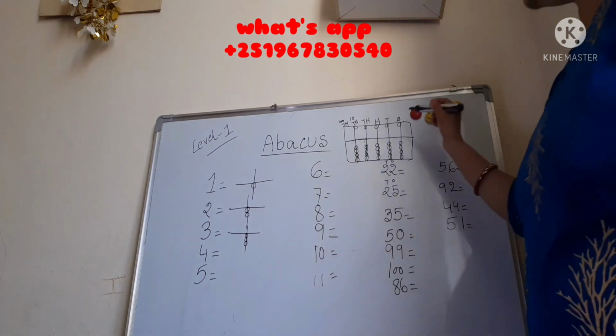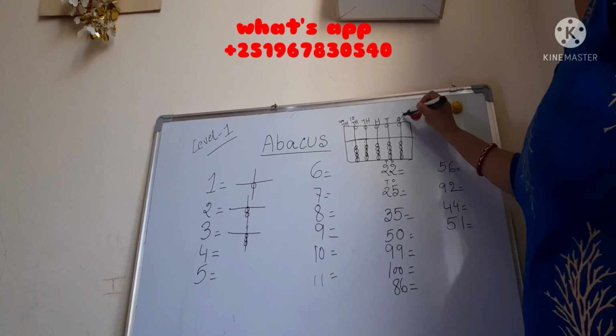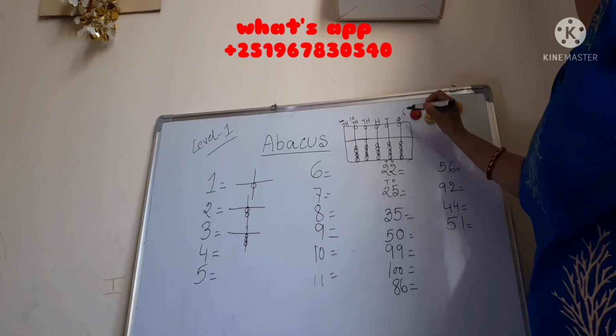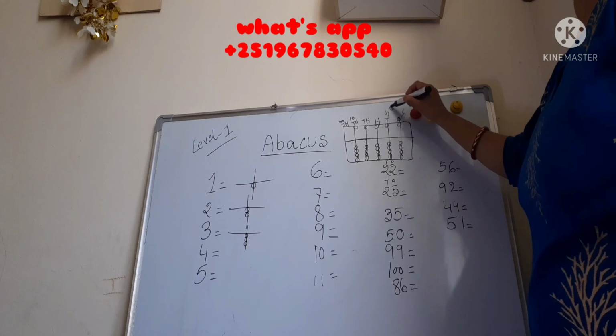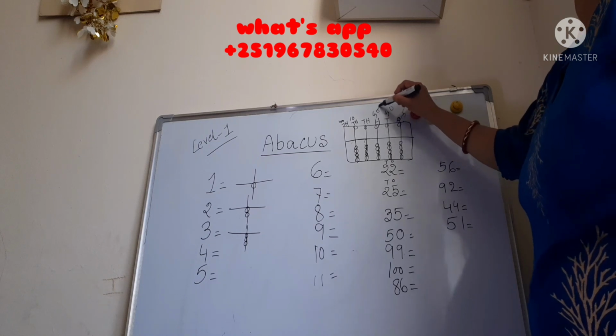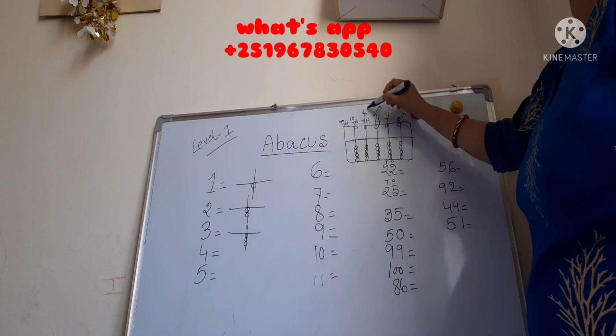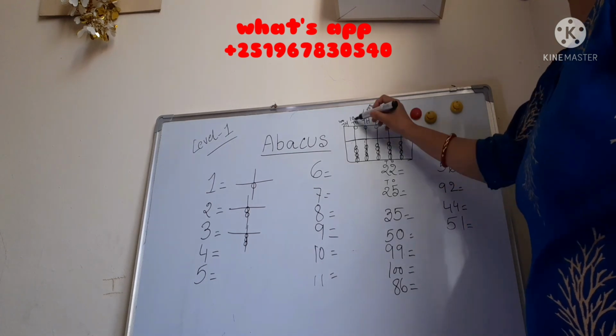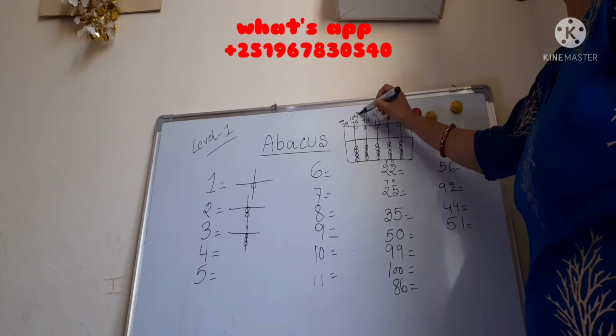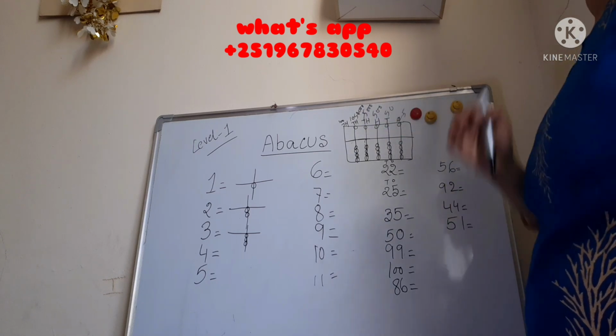Now, this is the ones place. The value of this one is 5. Tens place is 50. 100 place is 500. 1000 is 5,000. And this is 10,000, which means 50,000.